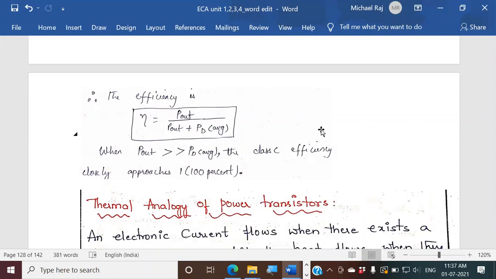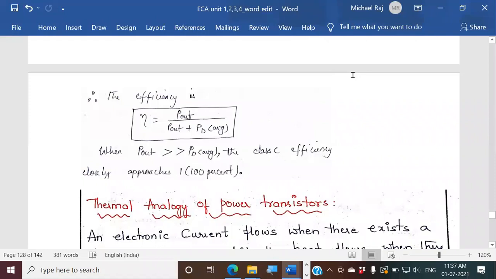So this case is analogous to electronically heating your transistor. That is the reason the analogy of the pan and the kitchen is somewhat close to this.